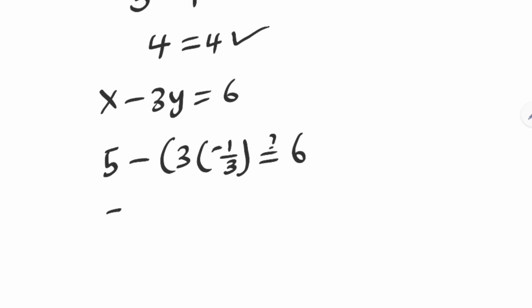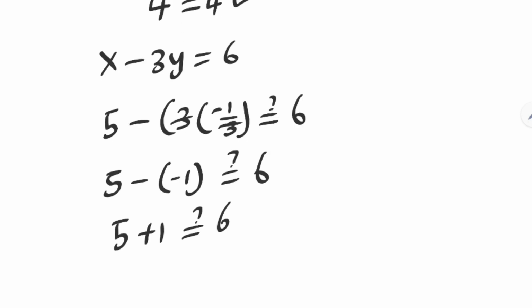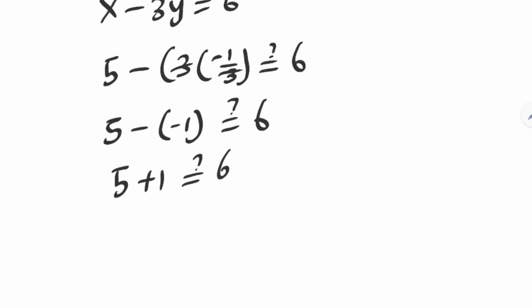Then this is 5 minus, this cancels this. We have minus minus 1 must be equal to 6. Then 5 minus a minus, that is plus 1, must be equal to 6. On the left hand side, 5 plus 1, this is 6, is equal to 6, which is true.